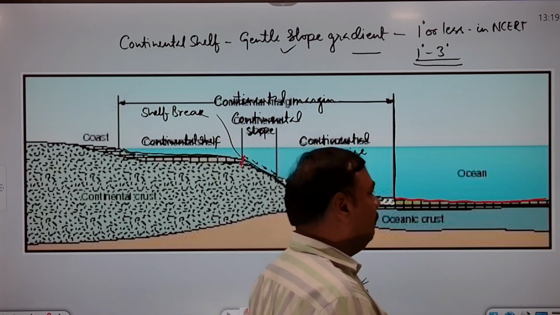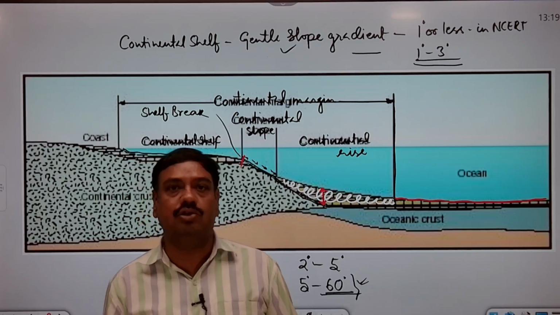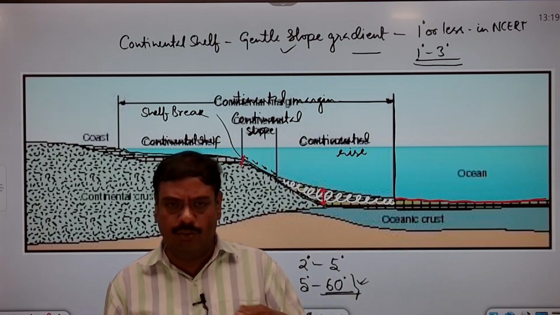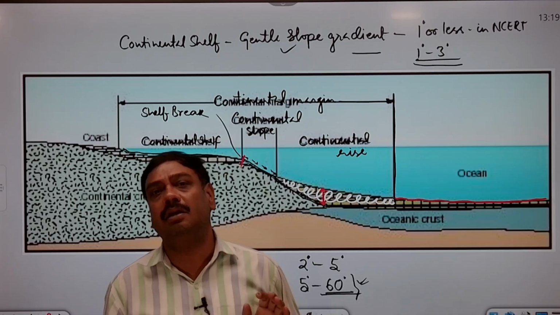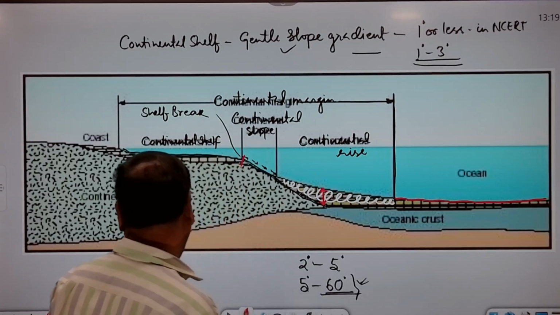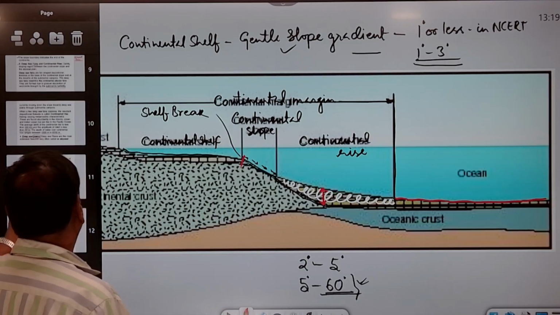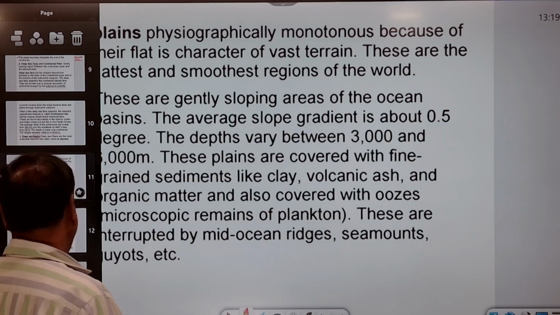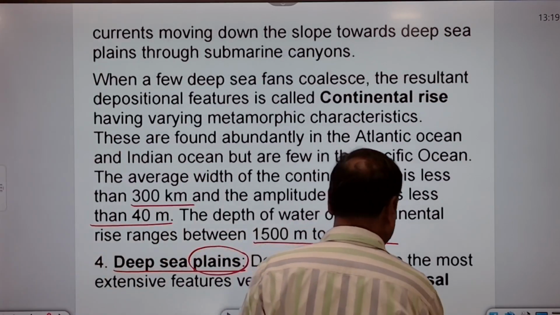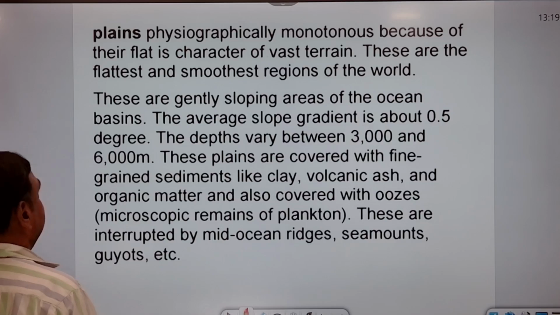Now, like the plains of the continental part, these are also the flattest part, very smooth, sometimes undulating, but almost the flattest part of the ocean water or deep oceans, right? And these are also called abyssal plains, you can see here.